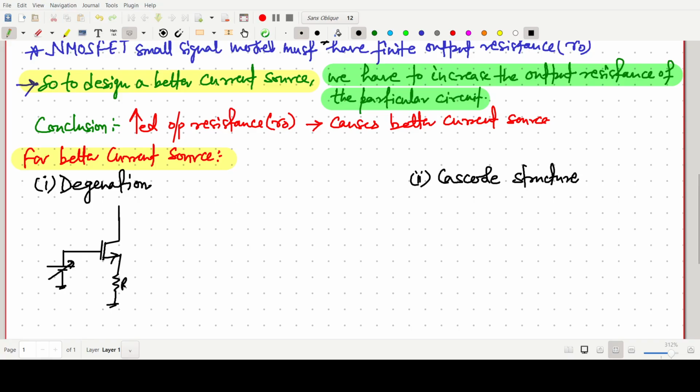Say this one is our RS and everything will be the same. This one is our VDS. So RS, in the very first case, in this one. Okay, I need some more space, so make a line.